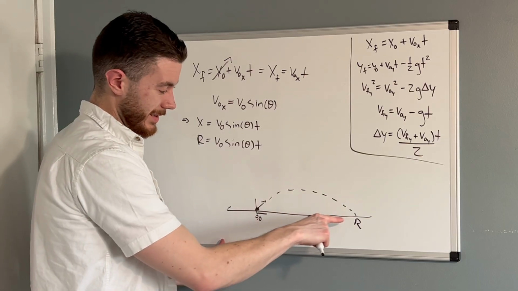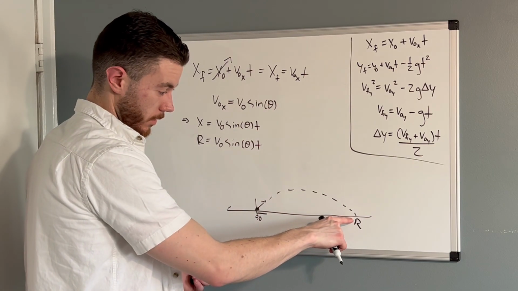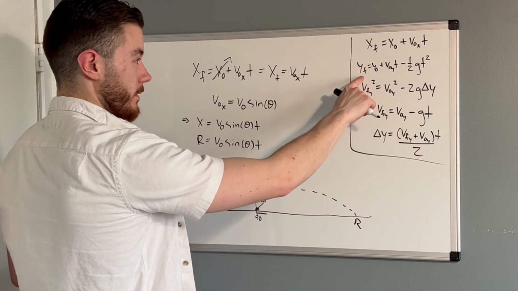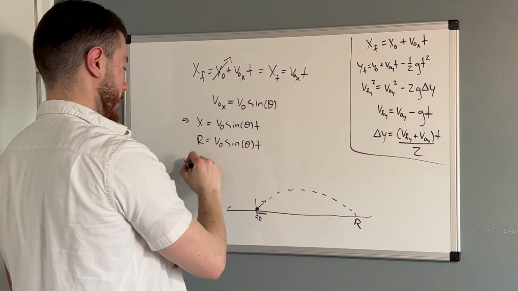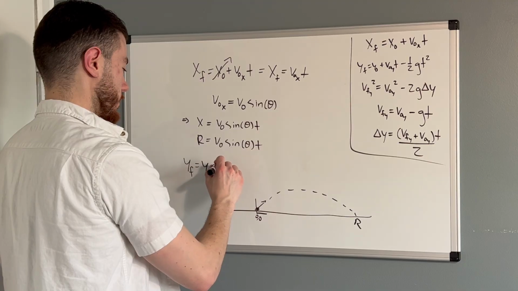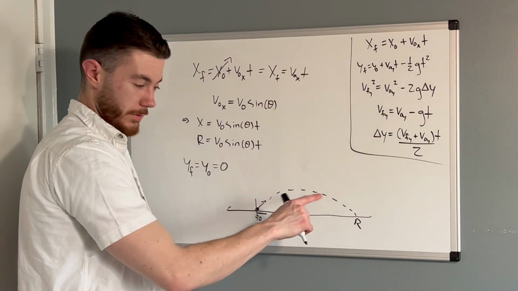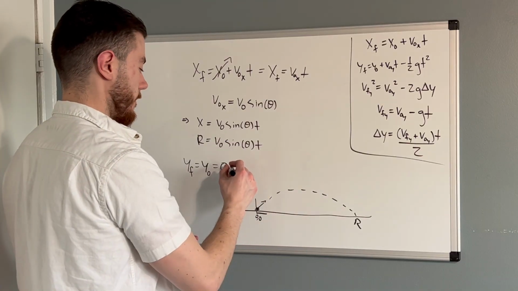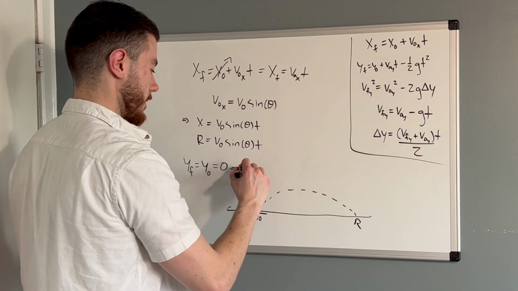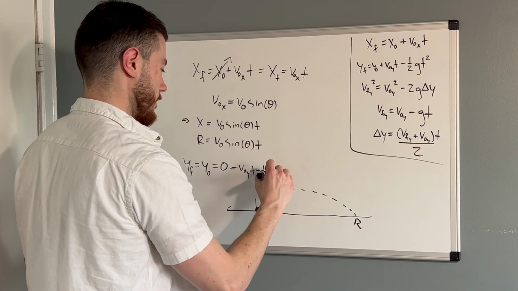And then it comes to the same height in the y direction at R. So let's use this. yf equals y naught equals 0 when x is R. Not at every point in time, but when x is R. And that's equal to v naught y t minus 1/2 g t squared.